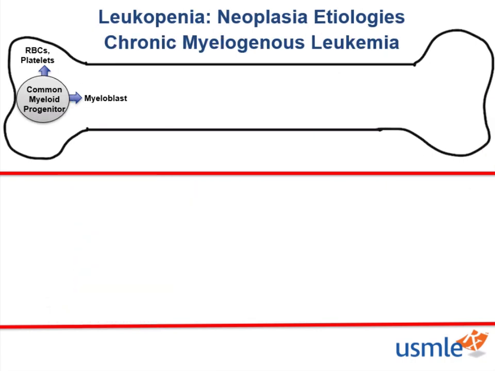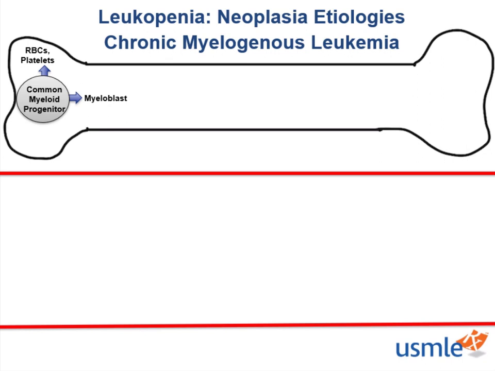Resetting our diagram, let's discuss CML, chronic myelogenous leukemia. Normal granulocyte development occurs due to normal stimuli from cytokines. Chronic myelogenous leukemia causes pancytopenia because it is a cancer that is not regulated by normal stimuli from cytokines.